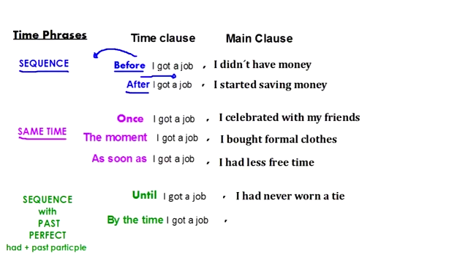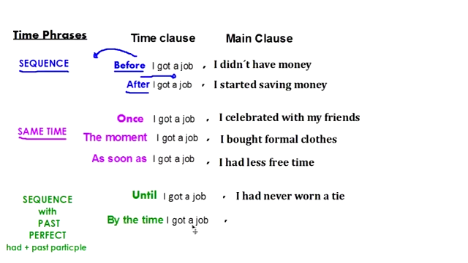Okay? So I can use this in the idea that I'm thinking, well, never in my life had I worn a tie until I got a job, and then I started to wear a tie. Okay? Again, I can use by the time, and that's like another way to say before, almost.